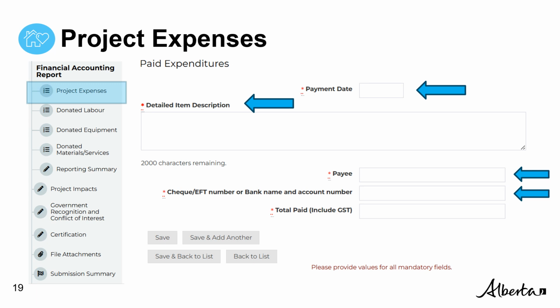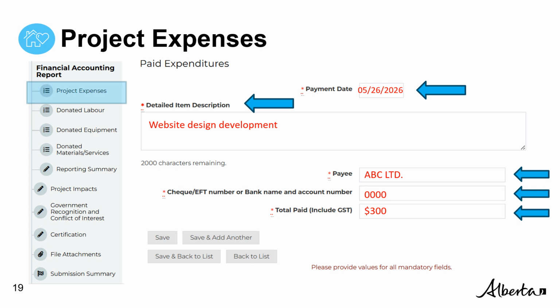If payments were made from a personal credit card, we require the reimbursement check number or bank name and bank account number. Total paid. GST may be included for the transaction. For example, on May 26, ABC Limited was paid $300 from check number 0000 for website design development.